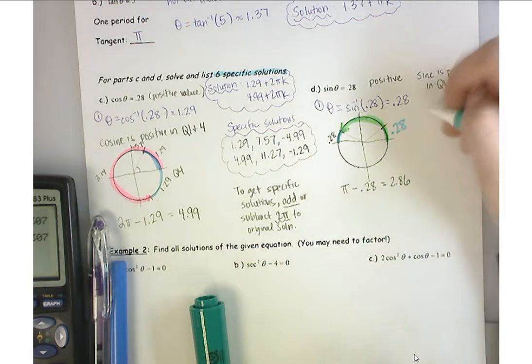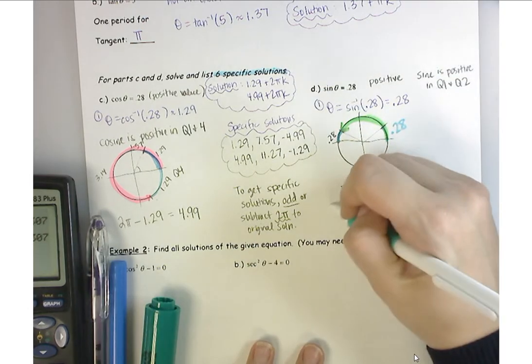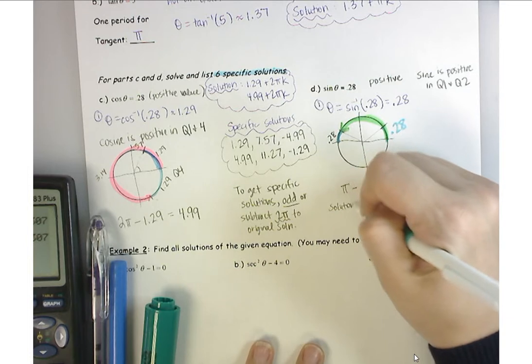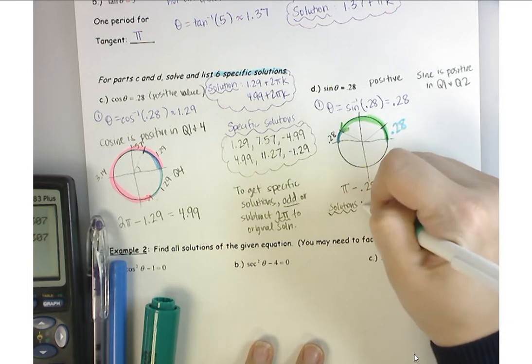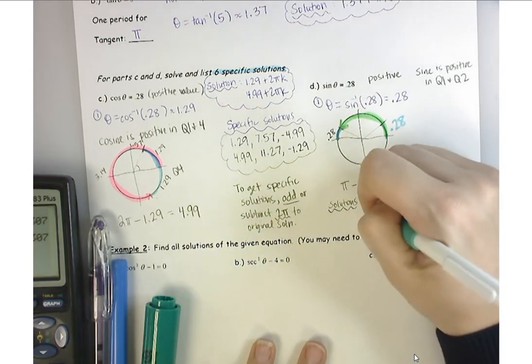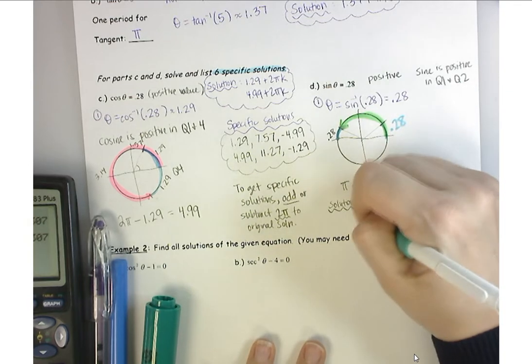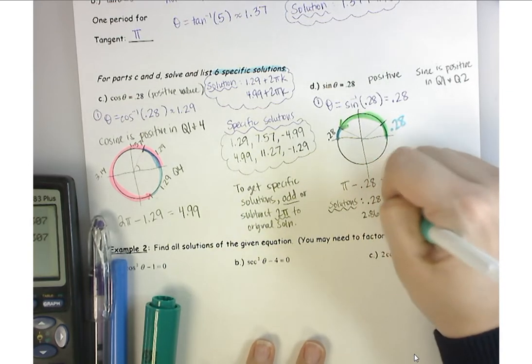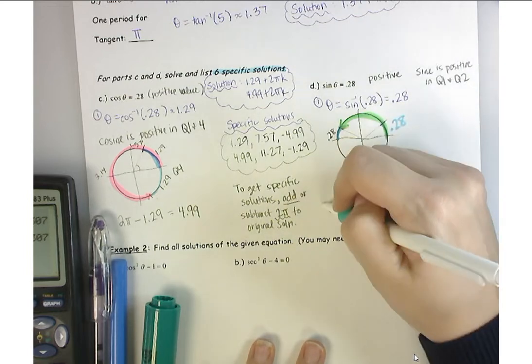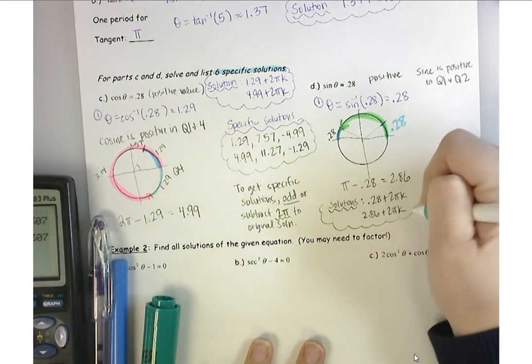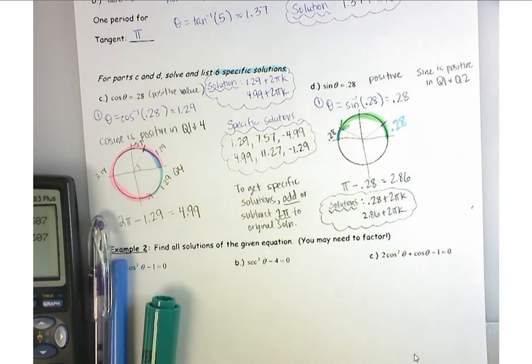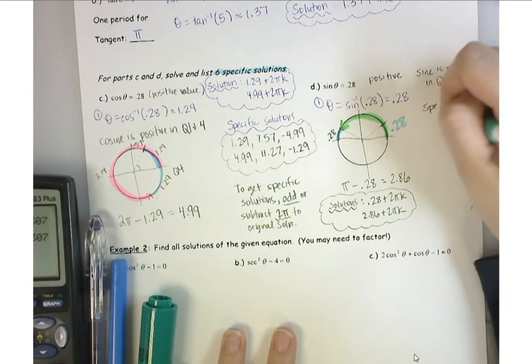Okay, so then your solutions are going to be 0.28 plus 2 pi k and 2.86 plus 2 pi k. Okay, and then you're finding your specific solutions.